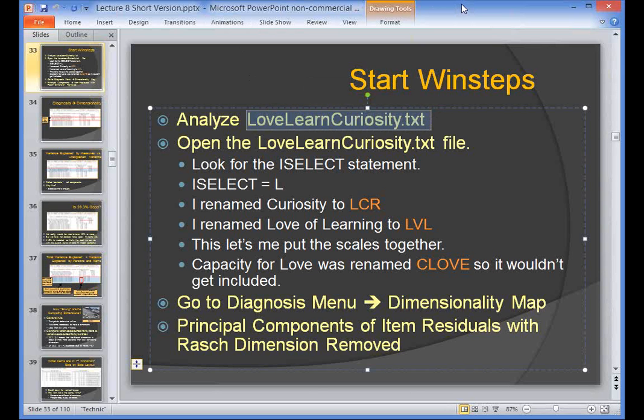Who's analyzed the file? There should be a file called lovelearncuriosity.txt that I sent. So just start WinSteps and analyze that file.